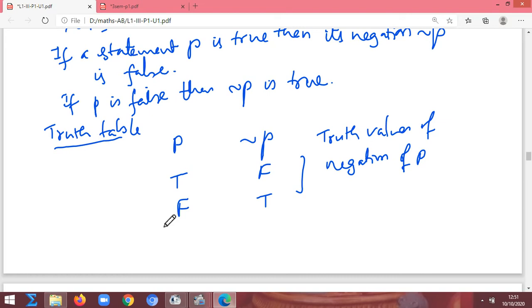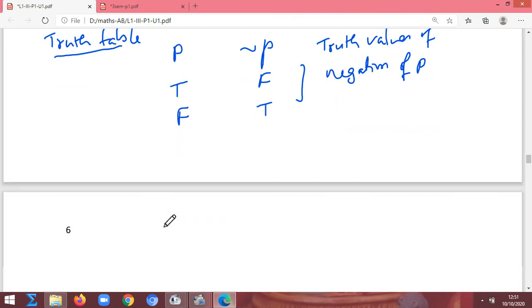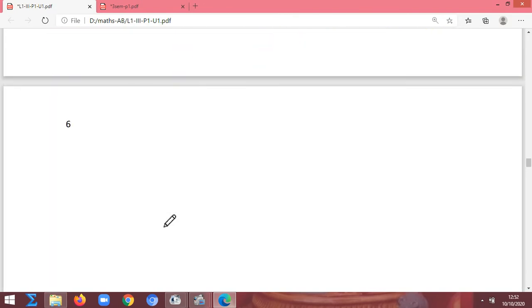Now we shall see one more logical connective, the fourth logical connective, that is conditional or implication.